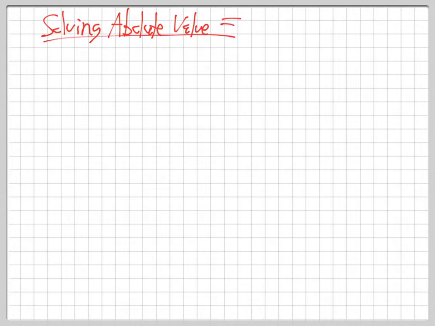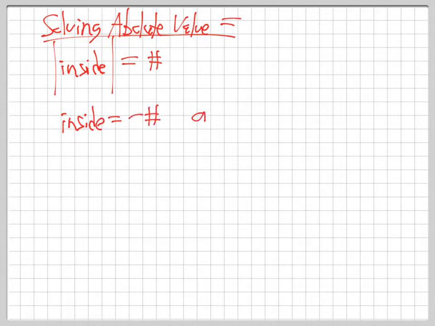So solving absolute value equals. How do you do it? If you have absolute value, and I'll just say inside. Let's give a general rule here. If you have the absolute value and you have whatever inside equals a number, what you do is you say, hey, that inside could be the negative number or the inside could be the positive number, and then you solve.